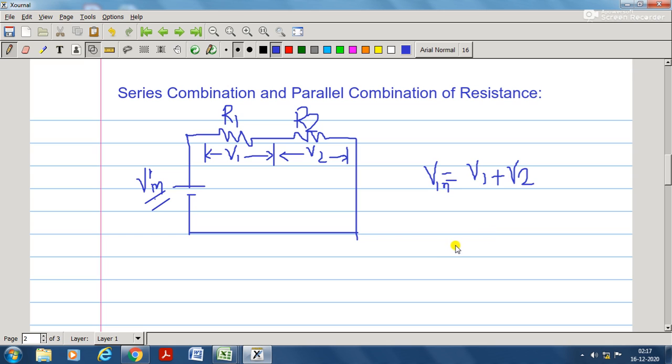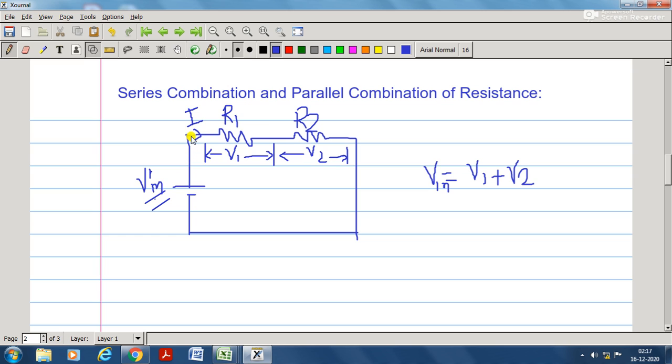So here we can write from Ohm's law. Ohm's law states that the potential drop across any resistor will be the multiplication of the current which flows through the resistor and the resistance value. So if we connect R1 and R2 in series and connect a voltage source V in, let's say current I flows through the series combination.